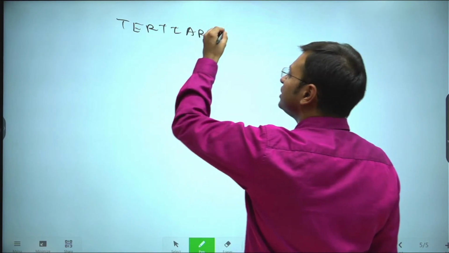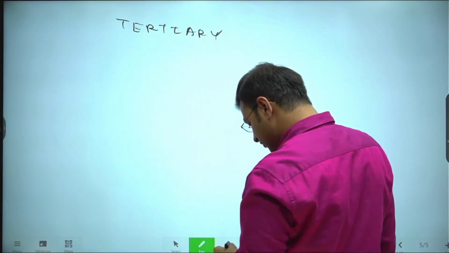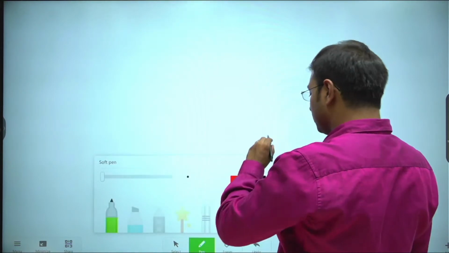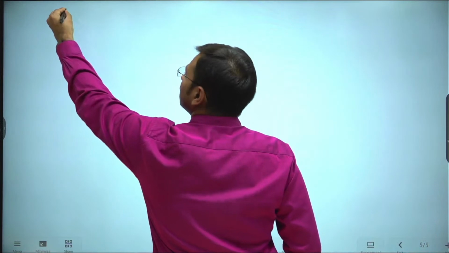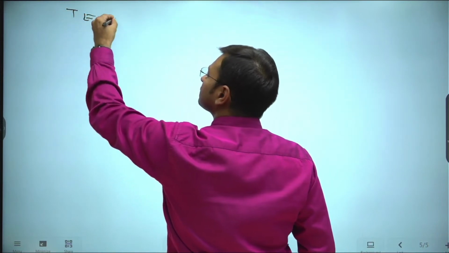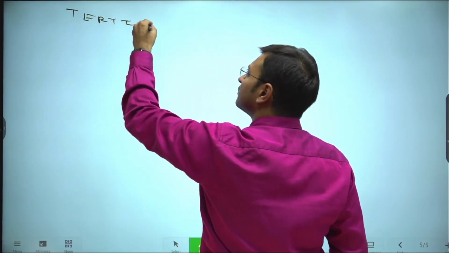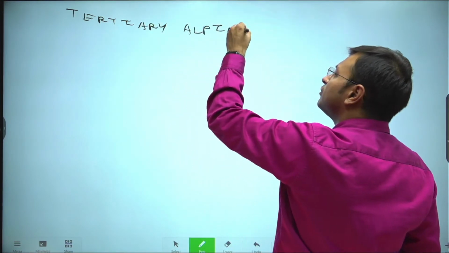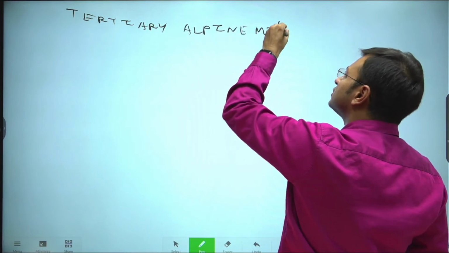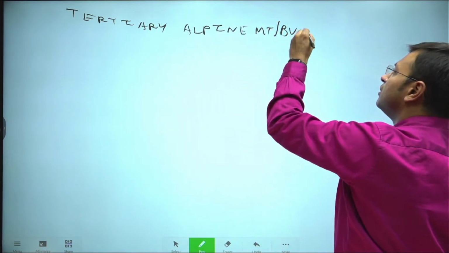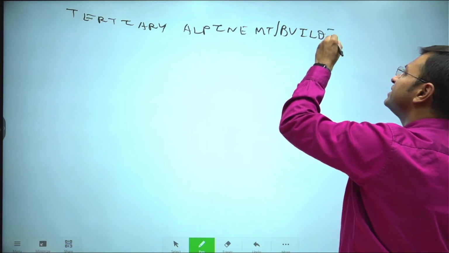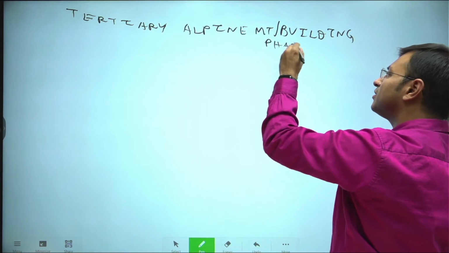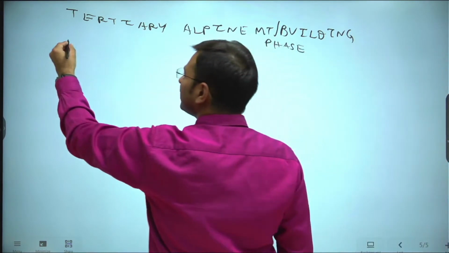So the tertiary alpine mountain building phase is basically resulting into upliftment of three distinct ranges, wherever.